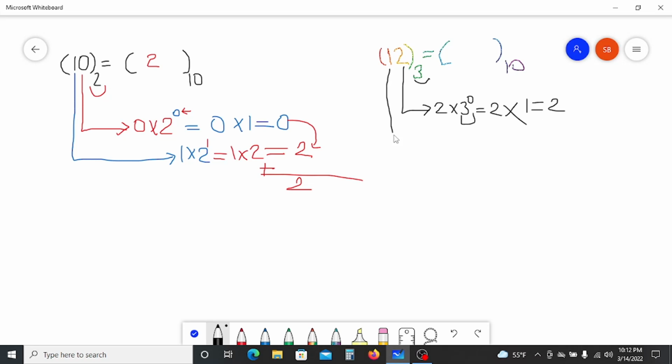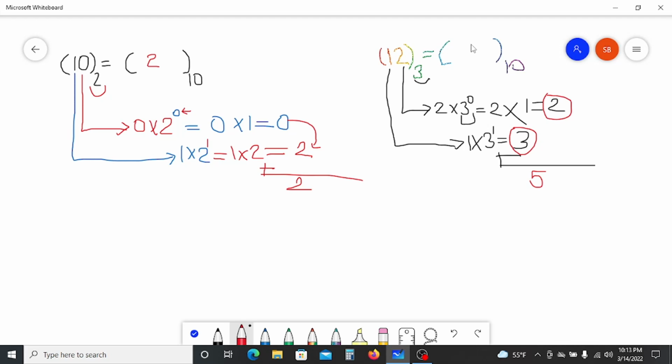Let's go to the second digit. As you see here, the number is 1 times your base, again 3, and the power you increase by 1. That's going to be 1, because after 0, 1 is coming. 1 times 3 is 3. So when you add these two numbers, 2 and 3, that's going to be 5.